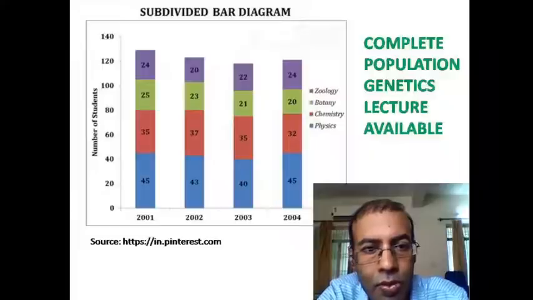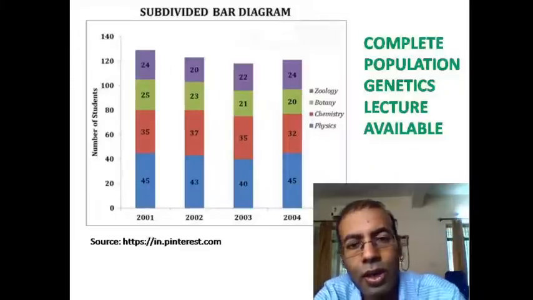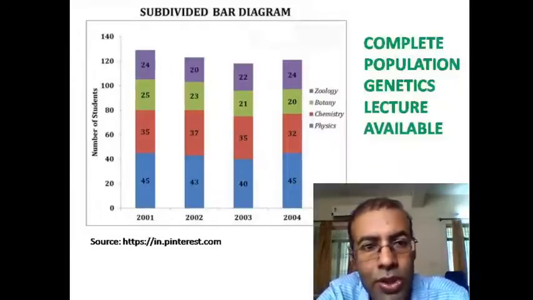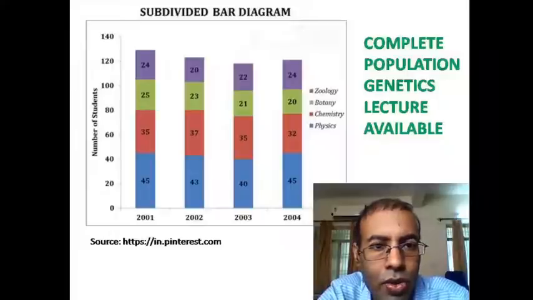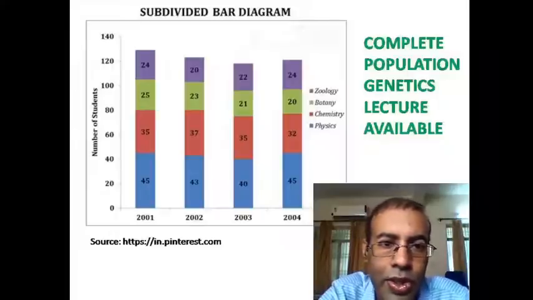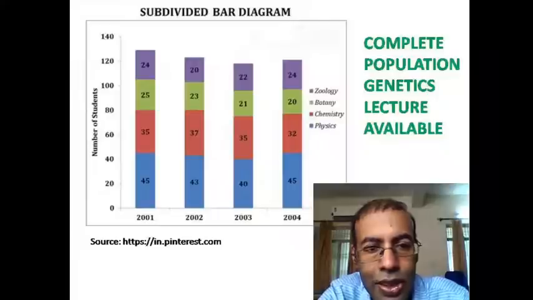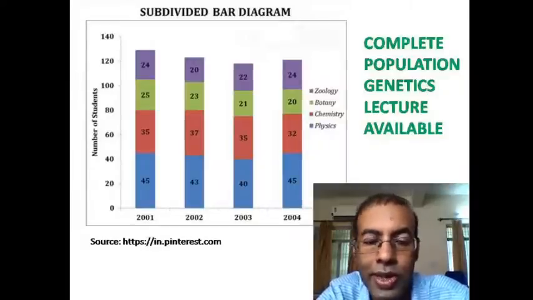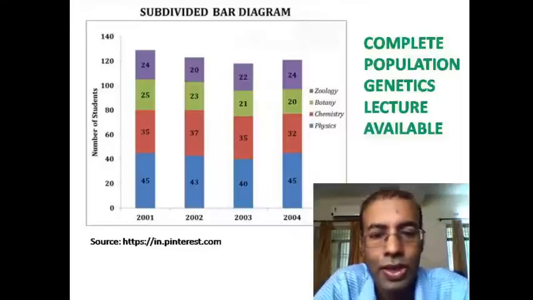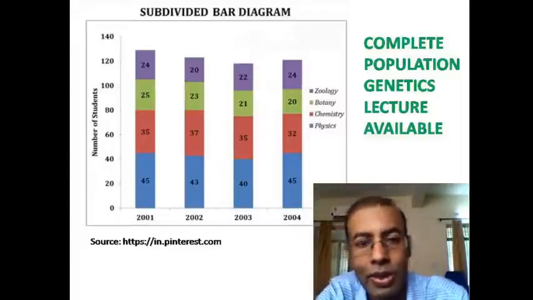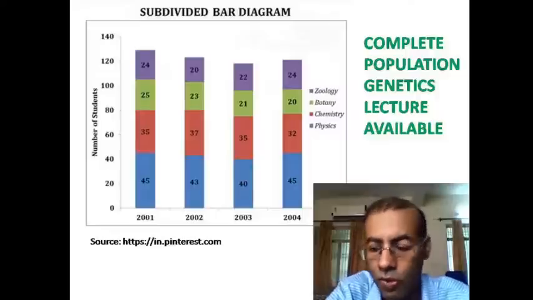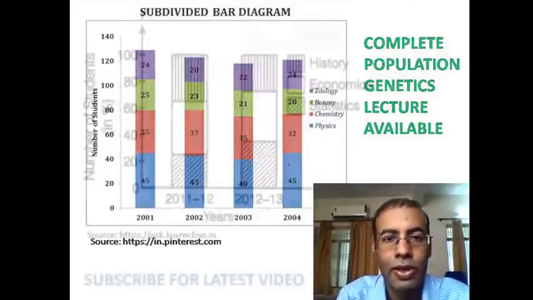The second most important subject is chemistry, and botany and geology have almost the same importance. It's 25, 24, 23, 20. So we can say that physics is the most important, and most of the students were enrolled for this subject. So this way we can make some interpretation from this subdivided bar diagram.